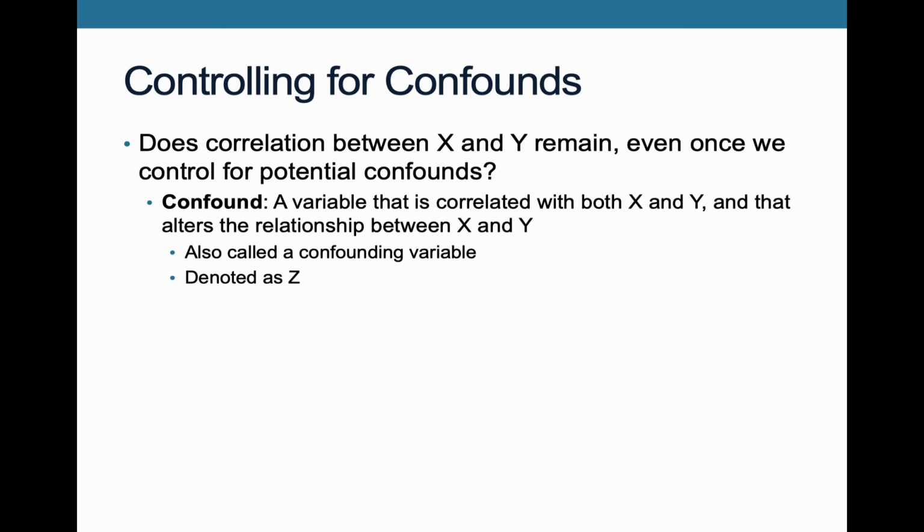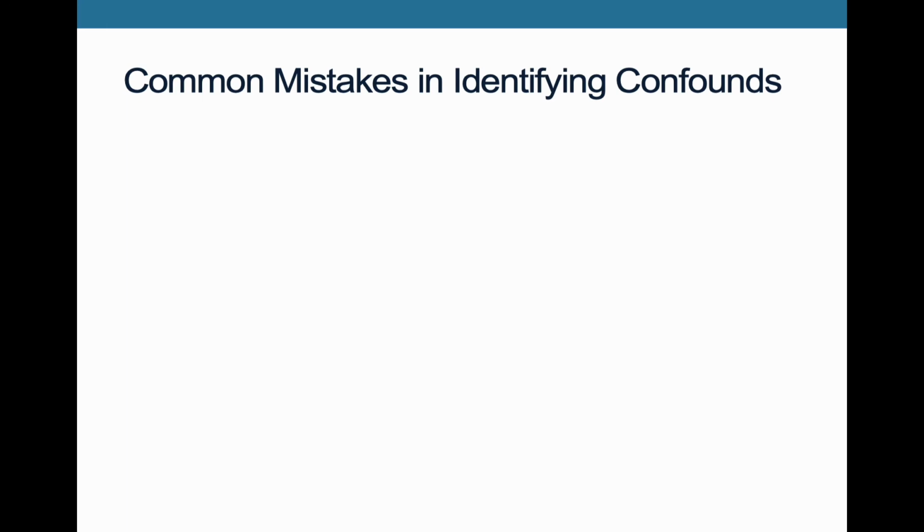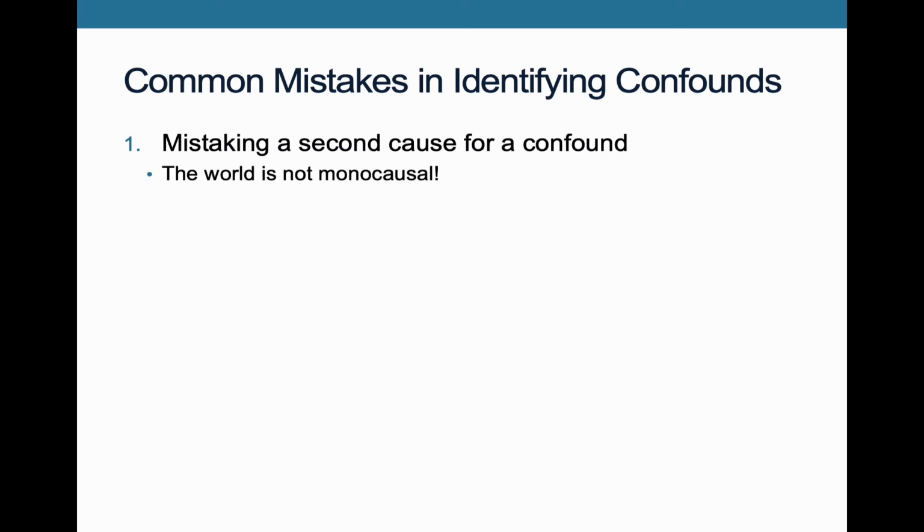Some common mistakes that we often see people making when they're identifying confounds could cloud the judgment. First of all, often we see people mistaking a second cause for a confound. We need to know here that the world isn't just monocausal. You can't just say, well, this also matters.